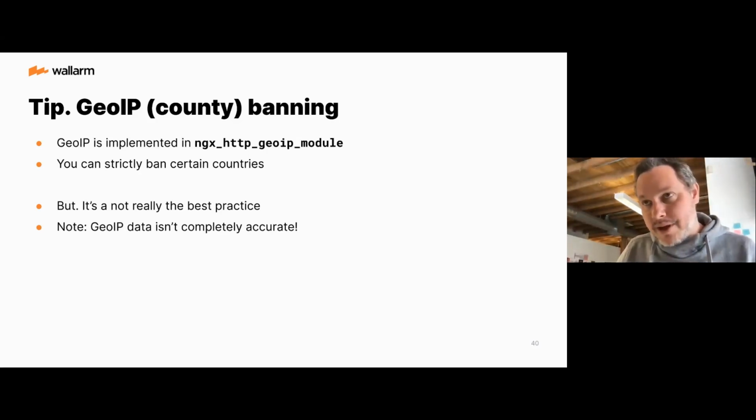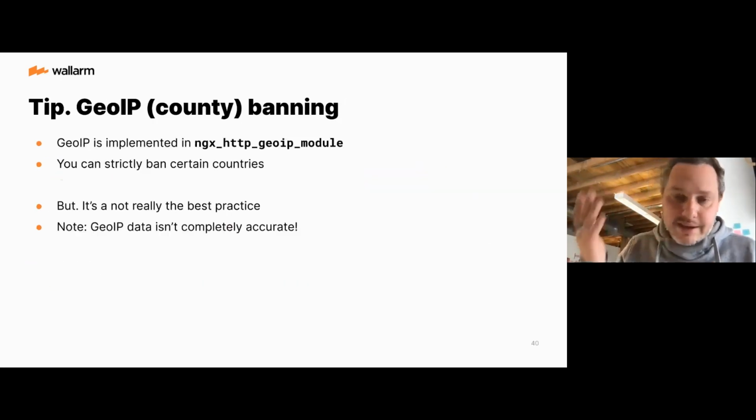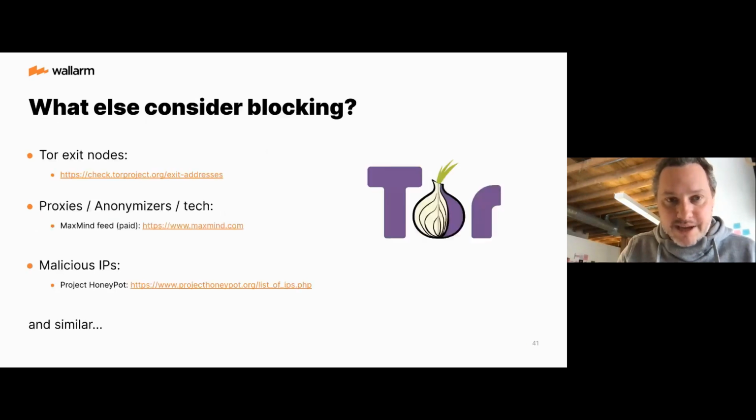I am not a great fan of using this particular practice because GeoIP data is not actually accurate, and you can block real users. But in some situations, this can be very, very efficient. So once again, NGINX has this impressive GeoIP module, and it can be used to block requests coming from the countries that you don't really want to visit your websites or access your applications.